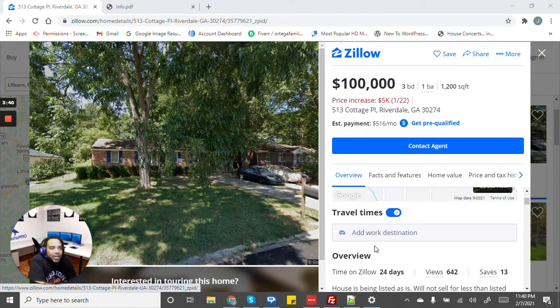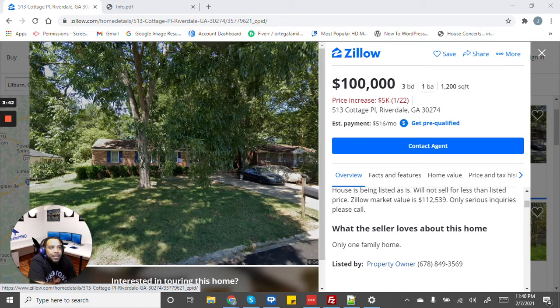Another thing I sometimes look at is this portion right here, which is an optional field on Zillow. Most of the time, it's the sellers that write something in that field.